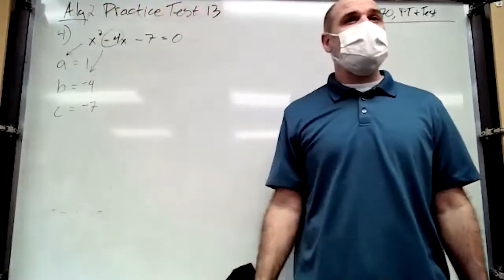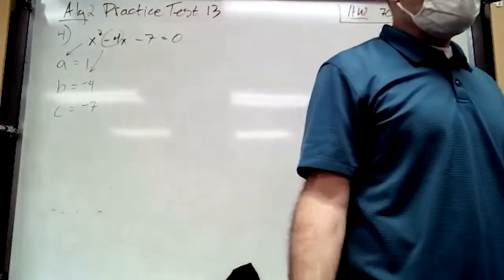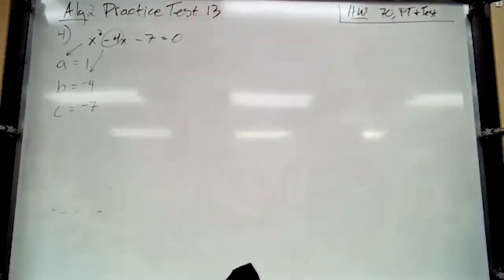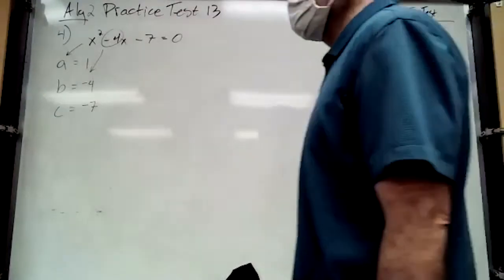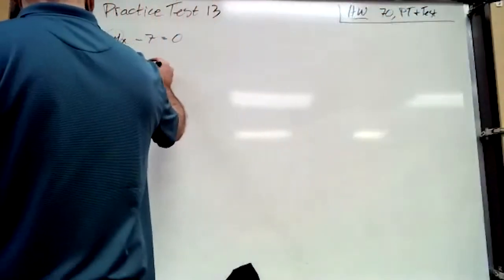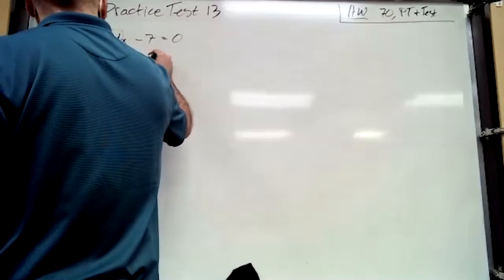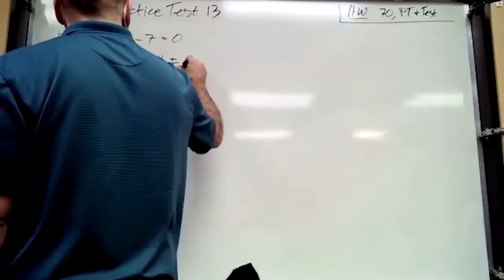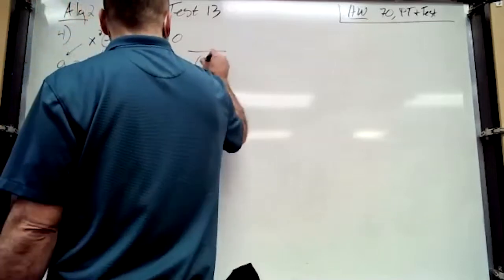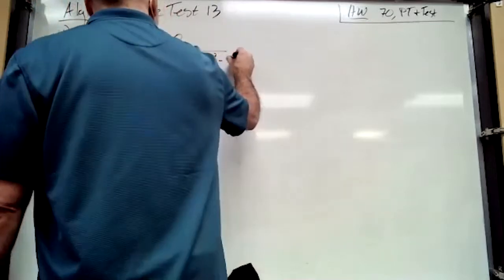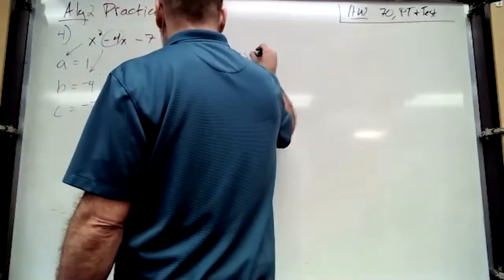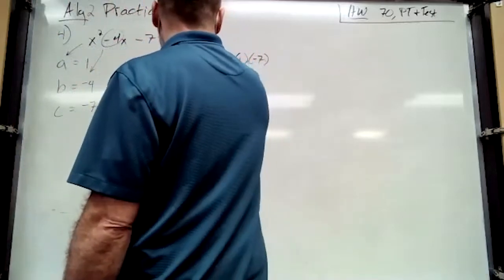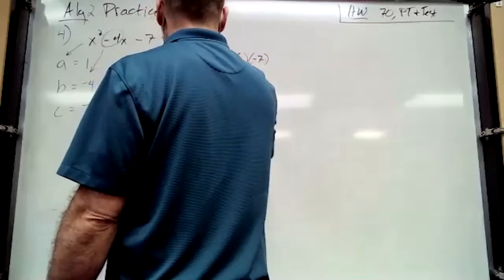So far, so good. The hardest part about this problem is being able to recognize what a, b, and c are. Okay? Because everything else is just plugging and chugging. So negative b plus or minus, so negative 4 plus or minus the square root of negative 4 squared minus 4 times a times c all over 2a.